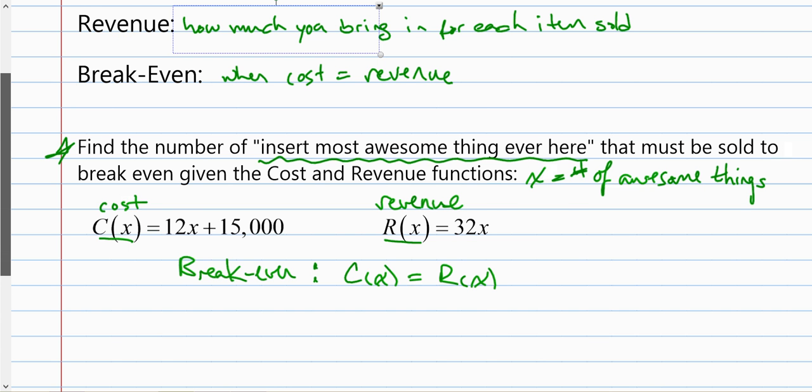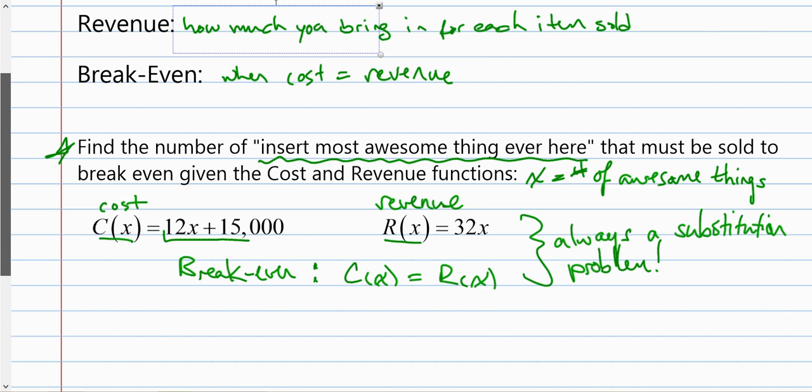This is always a substitution. Because we are picking up this chunk of our cost function and setting it equal to that chunk of our revenue function. Literally, 12x plus 15,000 equals 32x, and we're solving from there.